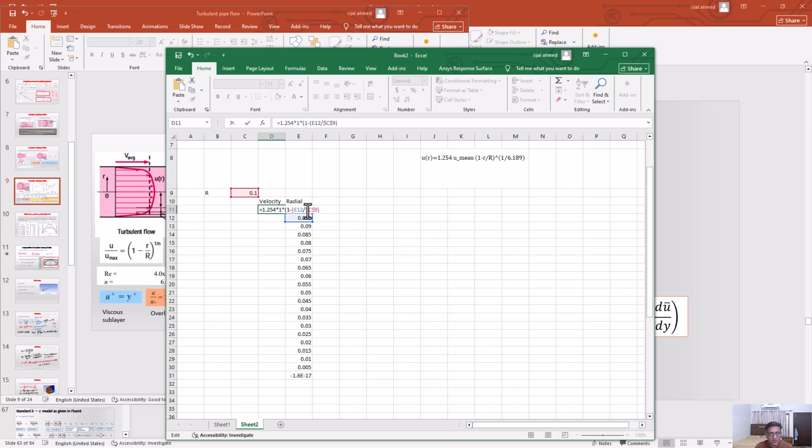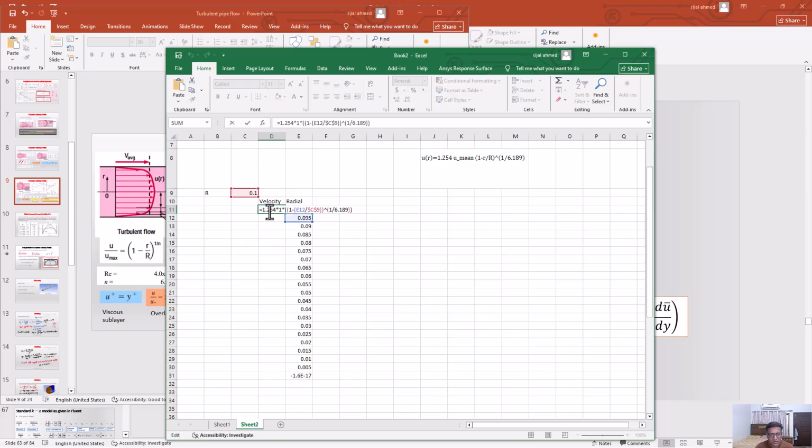Then we have the power, in brackets 1 upon 6.189, and then close the bracket, and I put another extra bracket outside the whole thing. So this value should become 0.